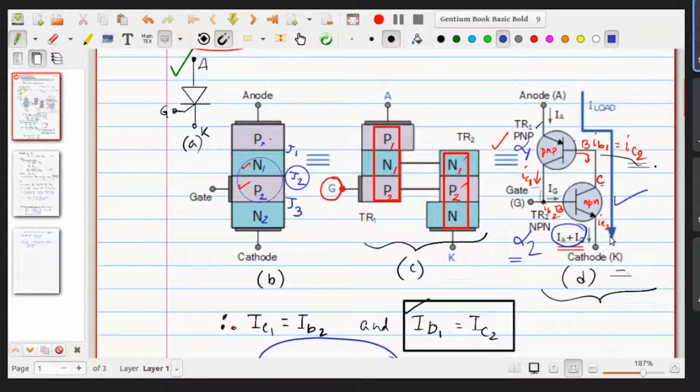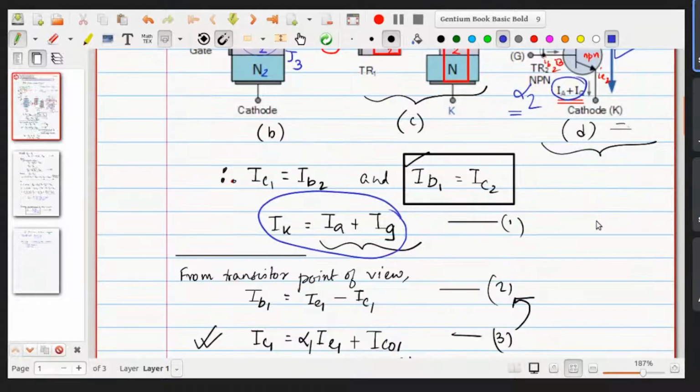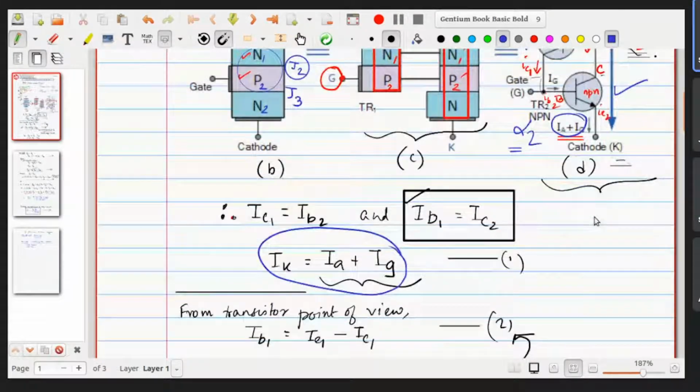So the total current gain will now depend on the gate current, and this independence will again result in the breakover. So our target is to increase alpha 1 plus alpha 2 to a value of unity or much more than that.